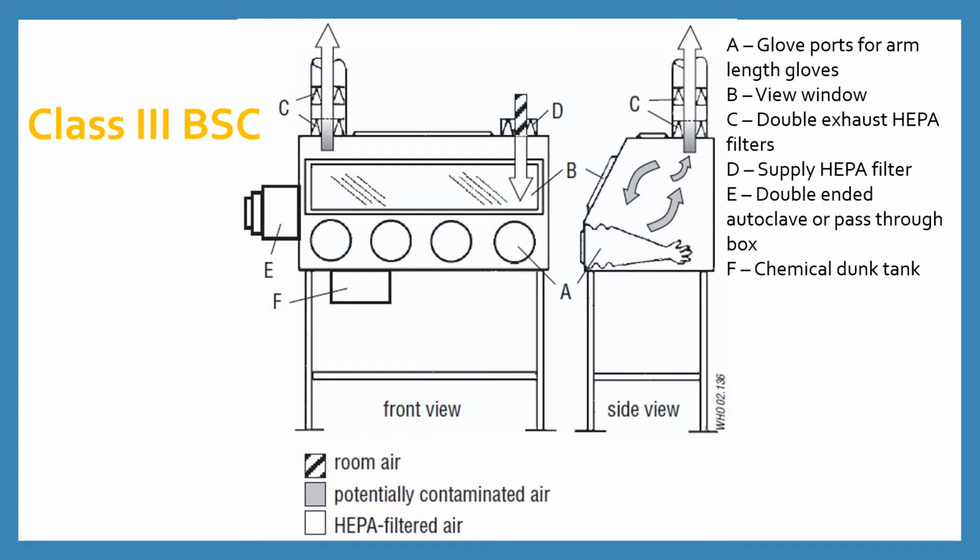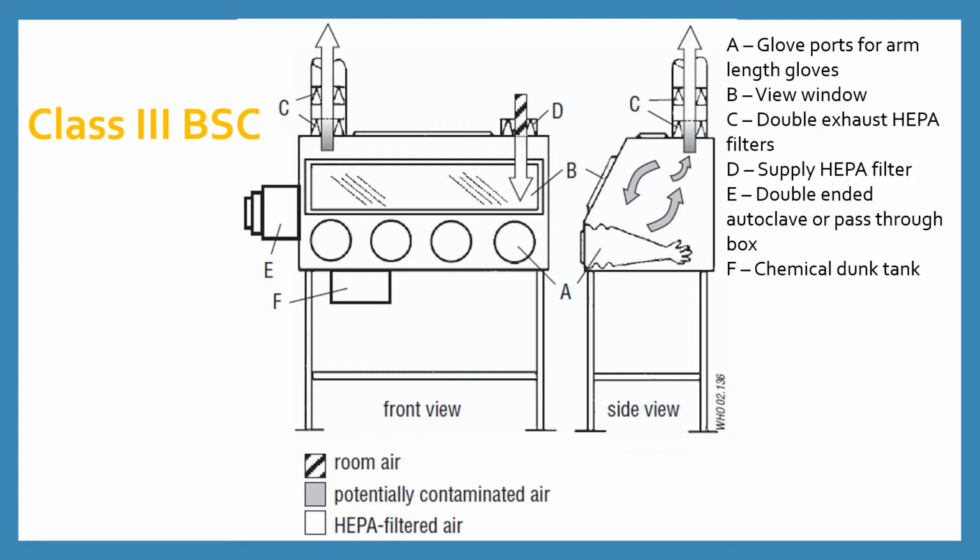D is the supply HEPA filter through which filtered air enters the cabinet. E is the double-ended autoclave or pass-through box through which requirements may be taken in and out of the cabinet. And F is the chemical dunk tank. Note how this class of biosafety cabinet does not have a front opening.